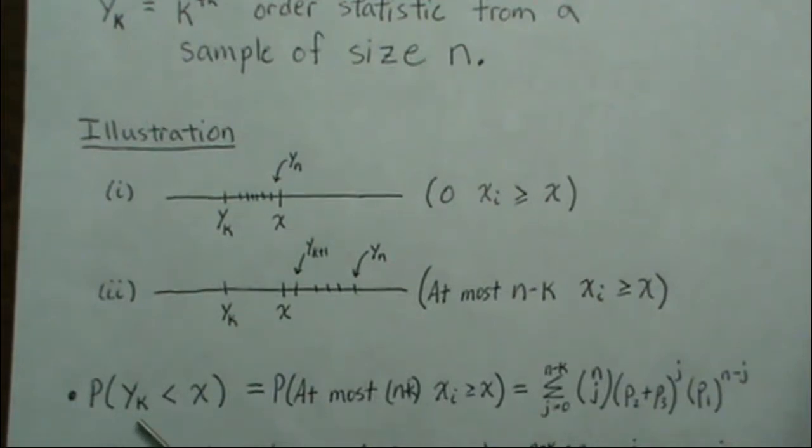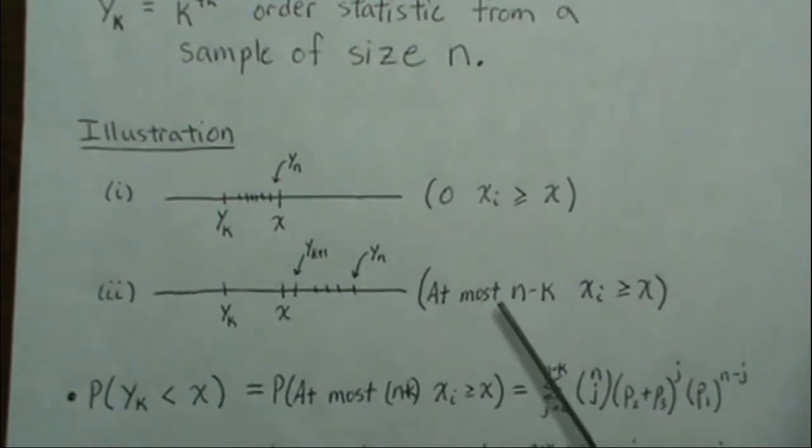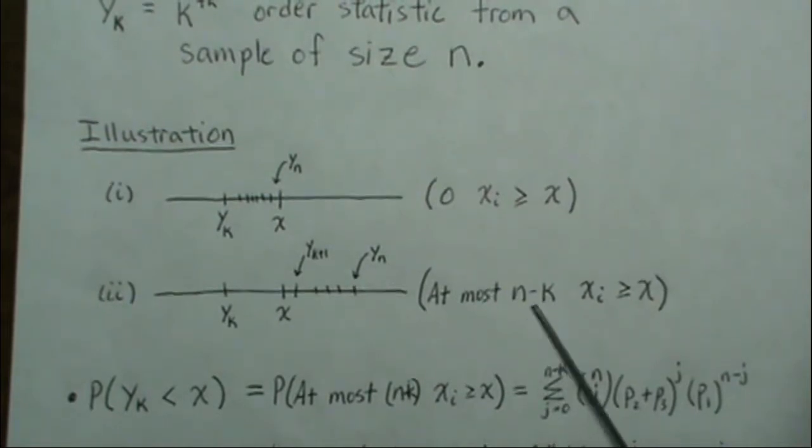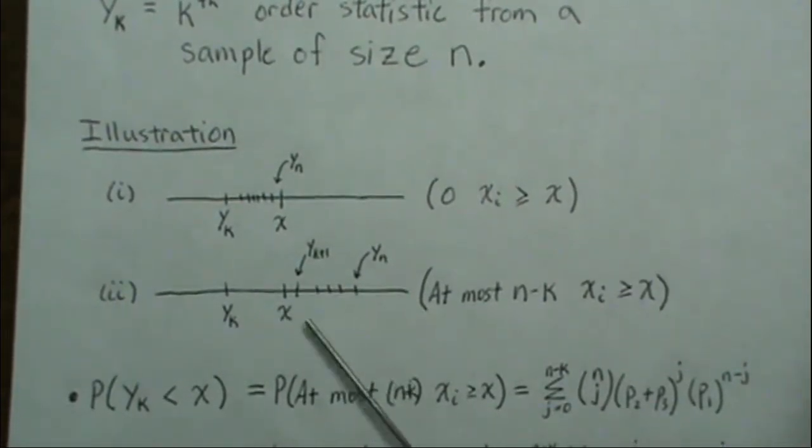And so the probability that Yk is strictly less than x is the probability that at most n minus k of the X's are greater than or equal to x. So it could be 0, could be 1, could be 2, but at most n minus k of them are greater than this.